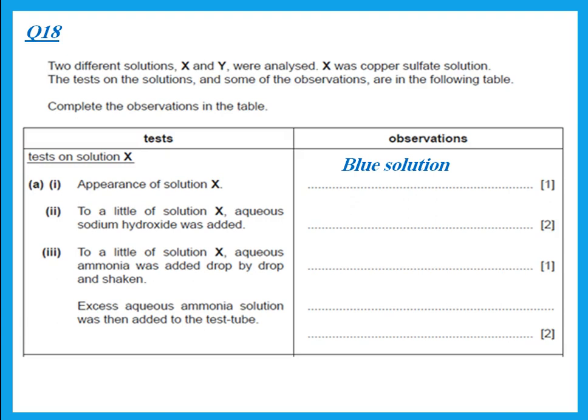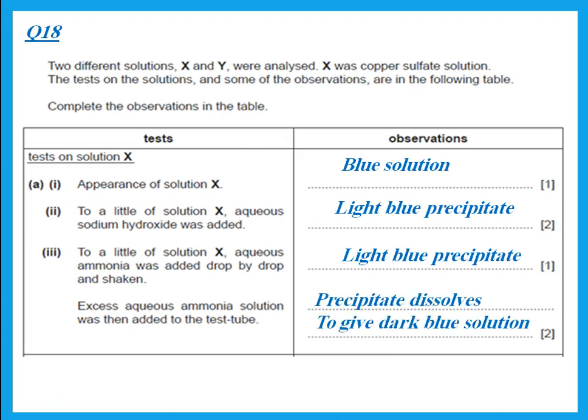Again, if I have copper ions and add sodium hydroxide, I should get a light blue precipitate. Now, to a little of solution X, aqueous ammonia was added. Copper ions with ammonia: if I add drop by drop, I get a light blue precipitate, but when I add excess, the precipitate dissolves to give a dark blue solution.